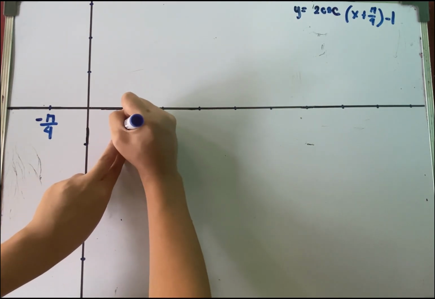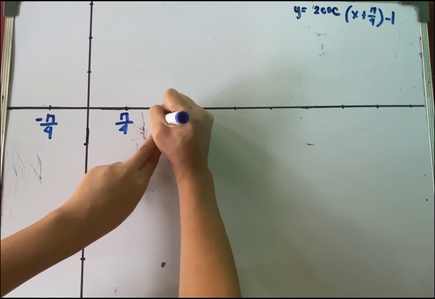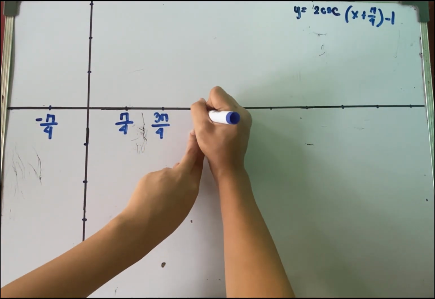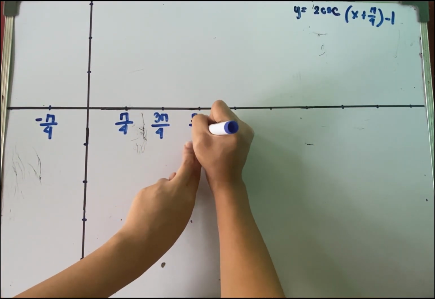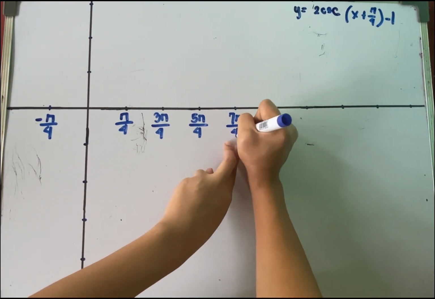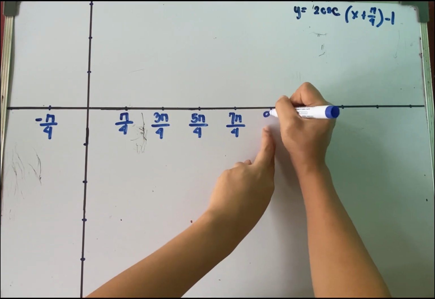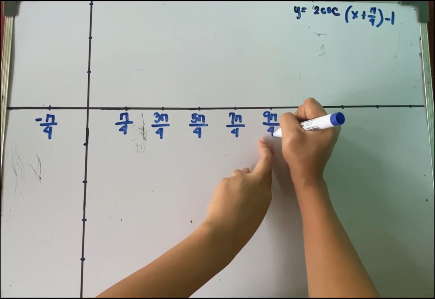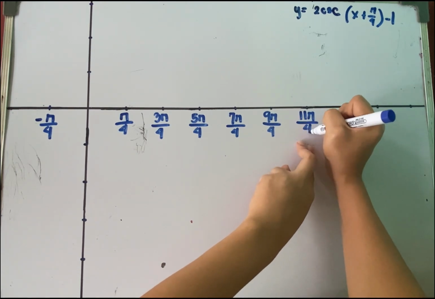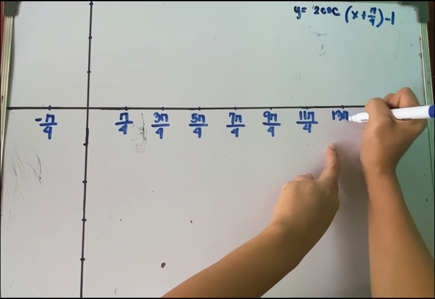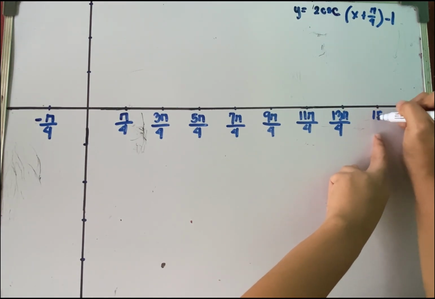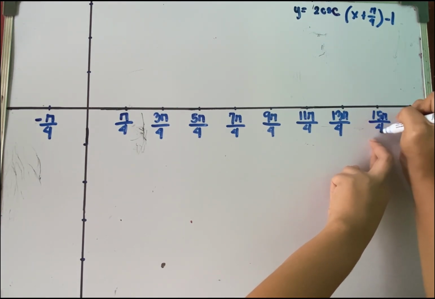We have to put all our x here, from negative pi over 4, pi over 4, 3 pi over 4, 5 pi over 4, 7 pi over 4, 9 pi over 4, 11 pi over 4, 13 pi over 4, and lastly our 15 pi over 4.